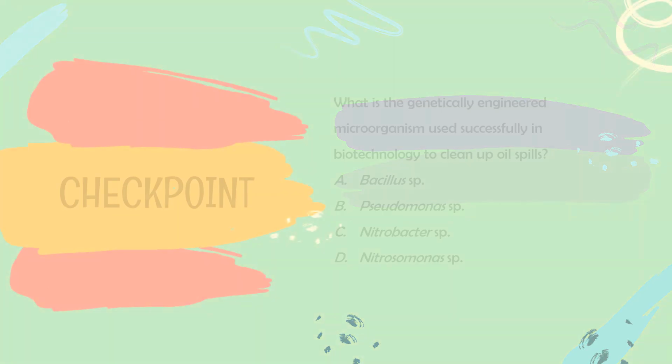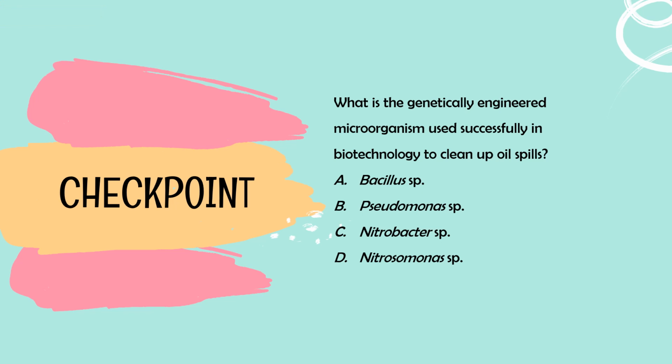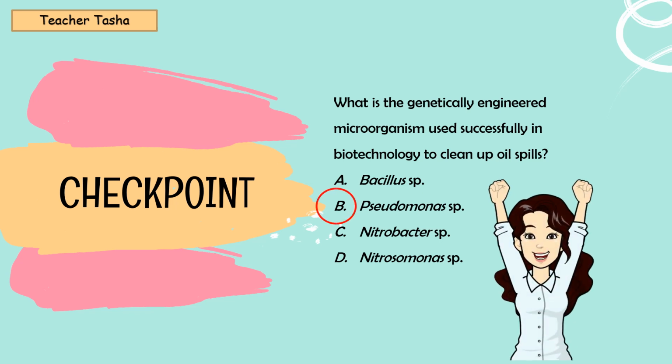Next question. What is the genetically engineered microorganism used successfully in biotechnology to clean up oil spills? Bacillus, Pseudomonas, Nitrobacter, Nitrosomonas. Yes, Pseudomonas, which are used to clean up oil spills.